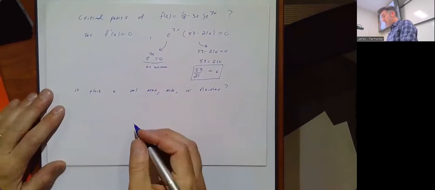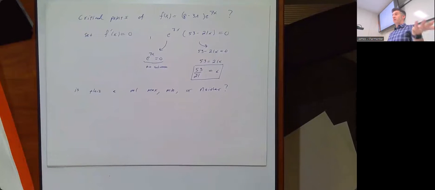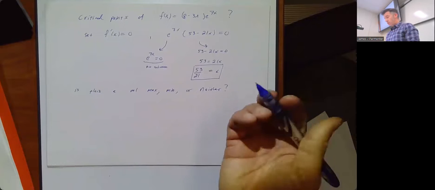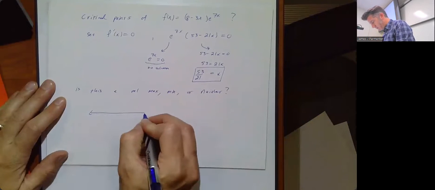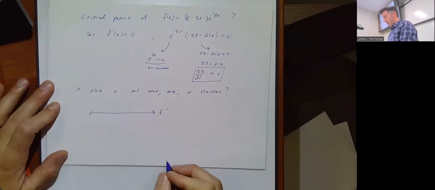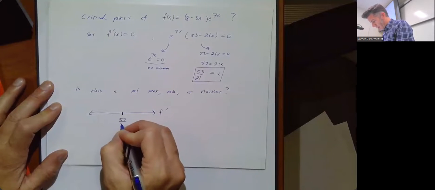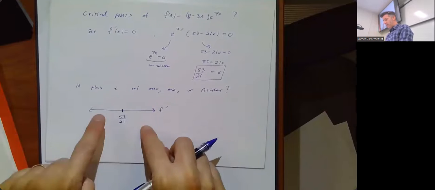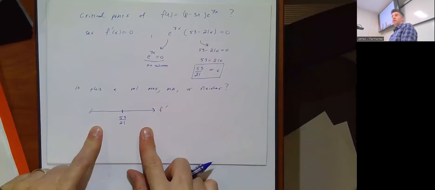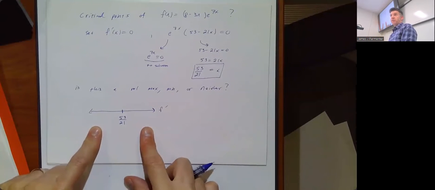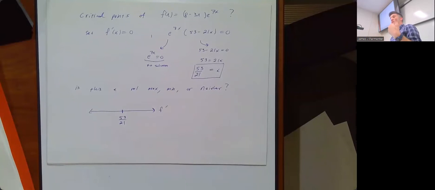So to see if a critical point is a maximum or a minimum or neither, I typically like to use the first derivative test, which is where you take your number line and you put in your critical values. In this case, we just have one. And then you ask yourself, on either side of that critical value, is the function increasing or is the function decreasing? Meaning, is the first derivative positive or is the first derivative negative?